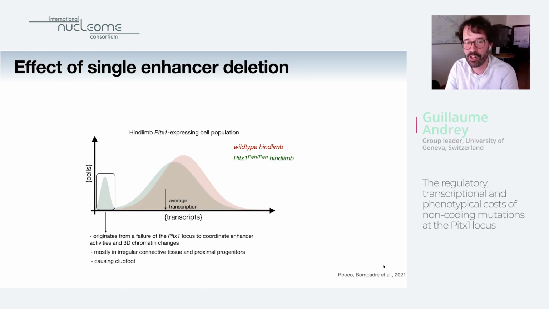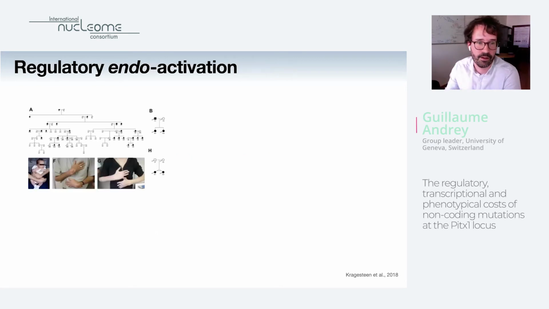It's actually pretty well confirming what we saw here, with the structure being necessary to induce transcription. In this case, we are studying a mechanism that is called regulatory endo-activation, that was discovered in several patients that show an arm-to-leg homeotic transformation, which is basically a transformation of the arm into something that looks like a leg.